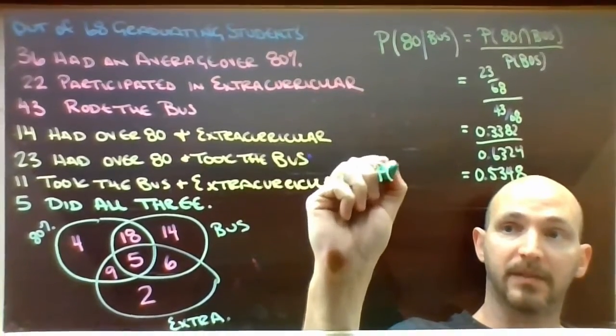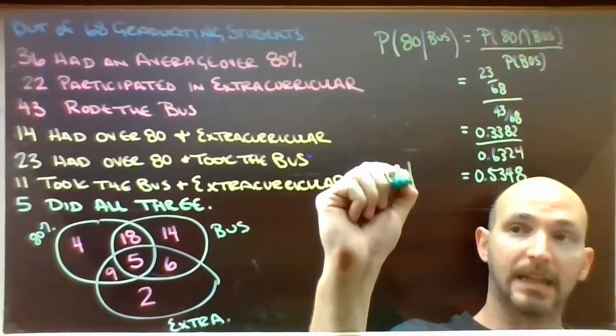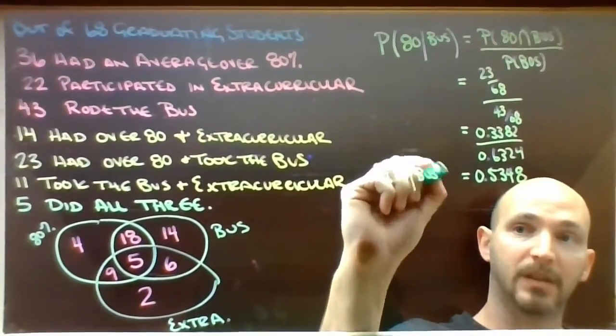That's the probability of getting an 80 given that you took the bus.